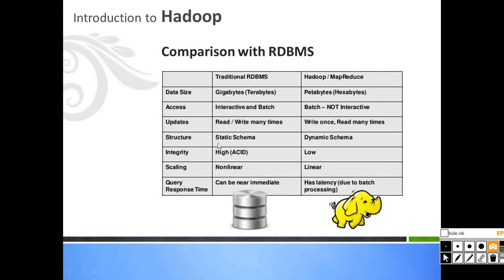Yeah, schemas. This seems to be a kind of limitation on Hadoop, but look at the other thing. This is the advantage here. Schemas are pretty much well defined in the DBMS world, like static. This is the power in Hadoop. It is dynamic. It doesn't enforce any schema restrictions when you're ingesting data.